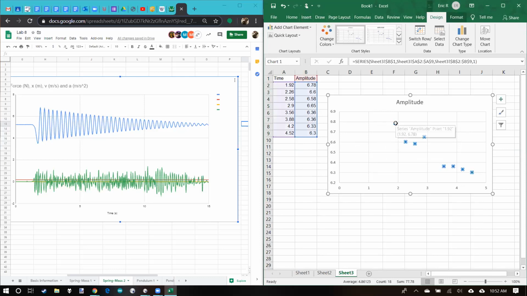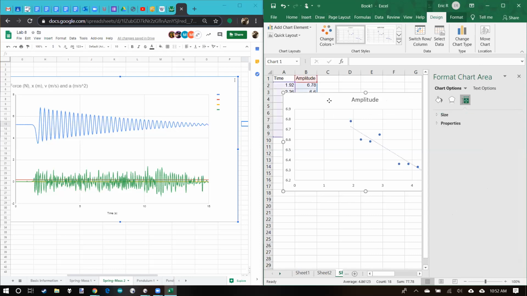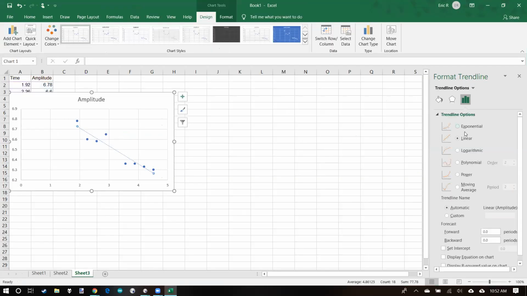Now I'm going to click the data points themselves and right click them. I have a couple different options here, and the one that I'm looking for is add trend line. So I'm going to add the trend line here. It's going to give me a lot of choices in terms of what kind of trend line I'm going to insert. Let me go full screen with this one now. So here's my trend line, and check out these options.